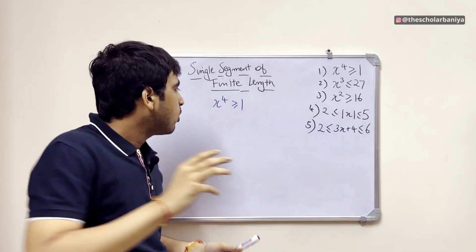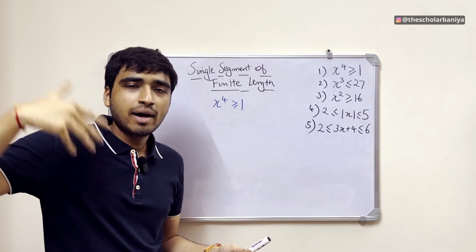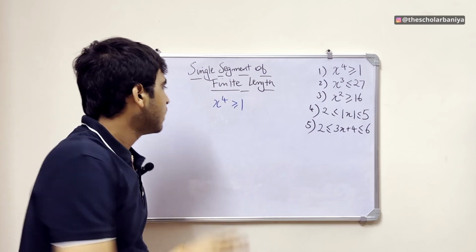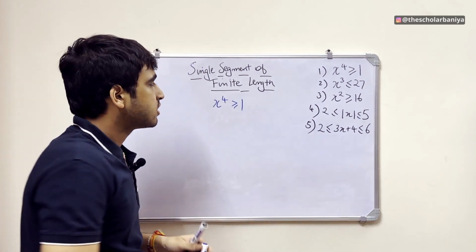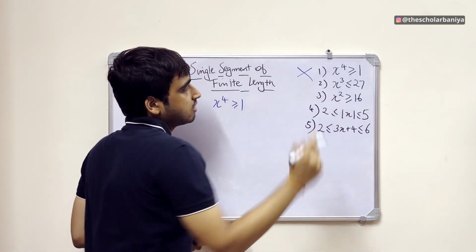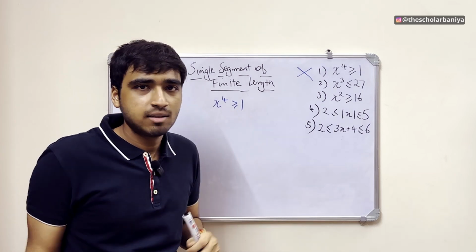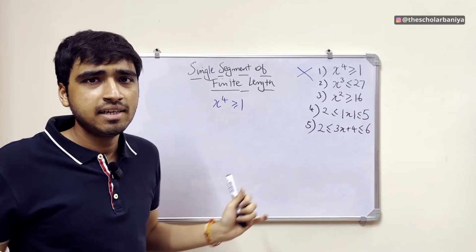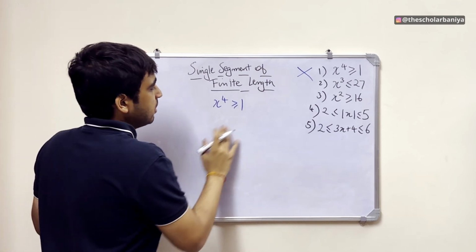Apart from that, any number you take, -2, -3, -4, -100, +2, +3, +4, +100, plus infinity, this will always be true. So this cannot be the answer, because we are looking for a finite number of solutions, but this has infinitely many solutions, so this is not possible, right?